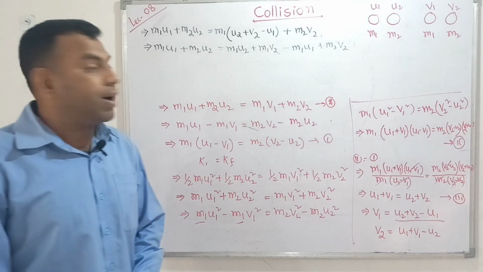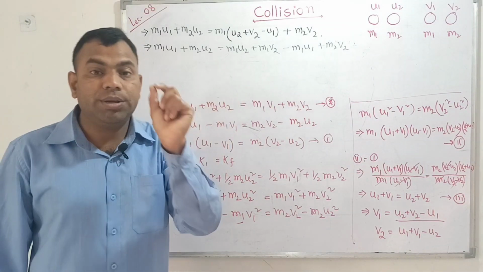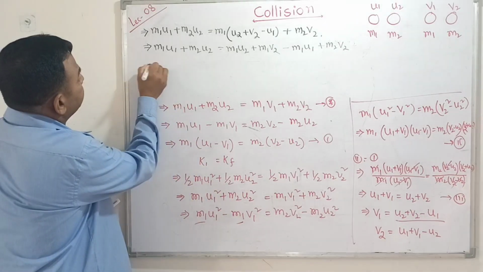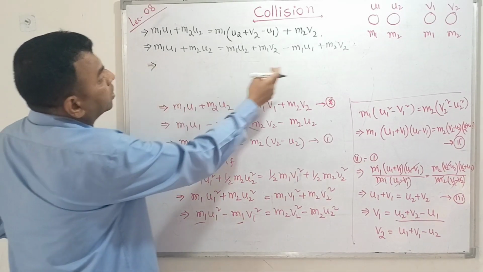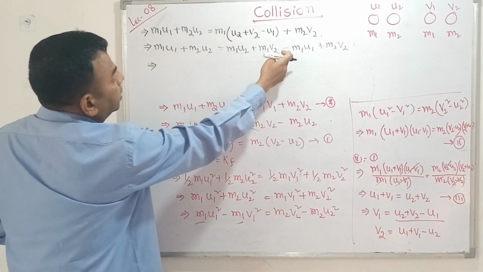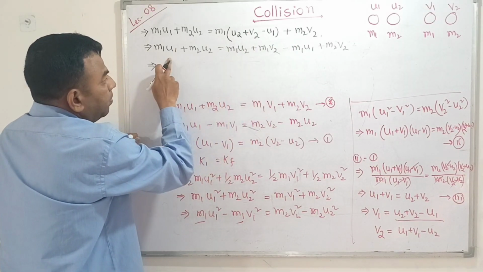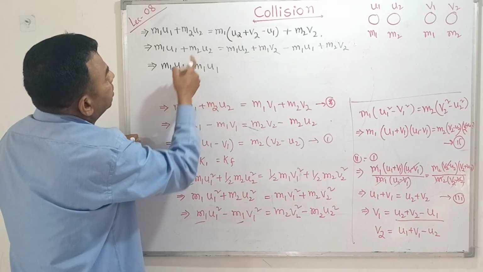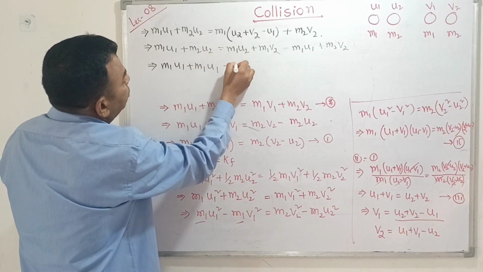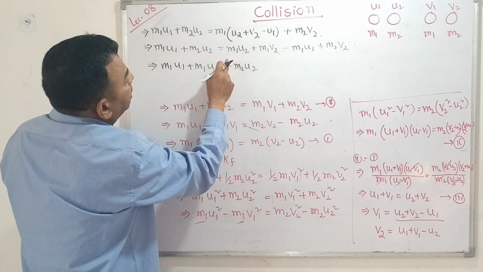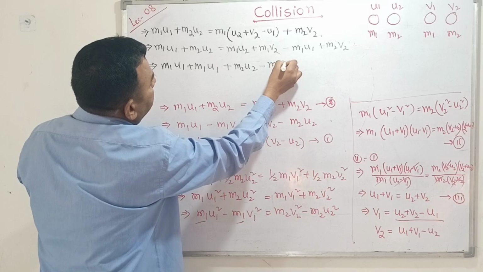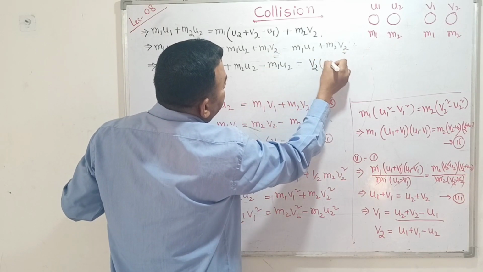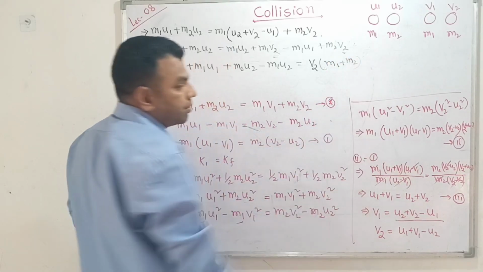Now our target is to find b2, because in this equation only b2 is the unknown quantity. There is m1 u1 on both sides, and since there is a minus, it will come here as plus m1 u1, giving plus m1 u1 plus m1 u1, and there is m2 u2 and here minus m1 u2, equal to common b2, and the rest will be m1 plus m2, correct?